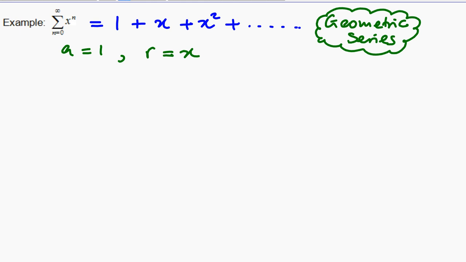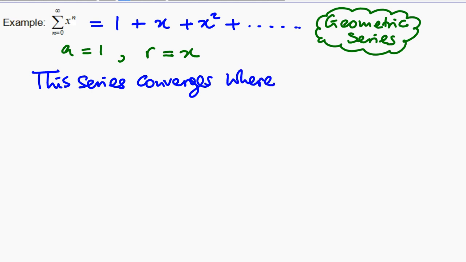The common ratio is a variable, as you can see. Now we know that a geometric series converges when x, the common ratio, is between -1 and 1. All right. So this series converges when its common ratio, which is x, is between -1 and 1.